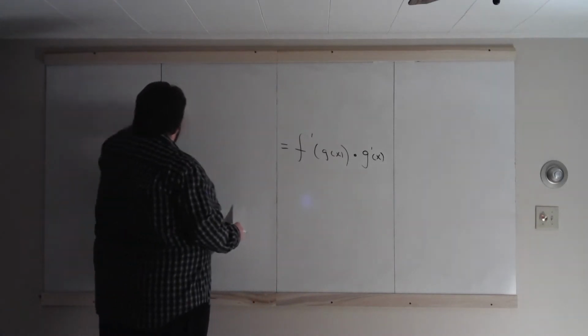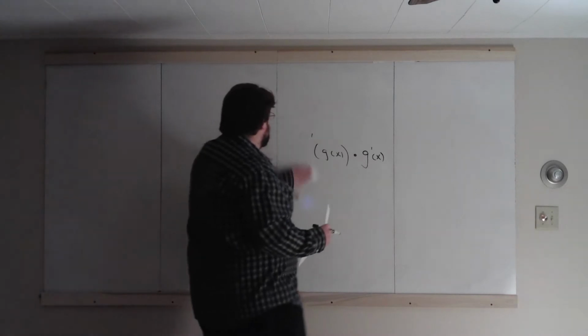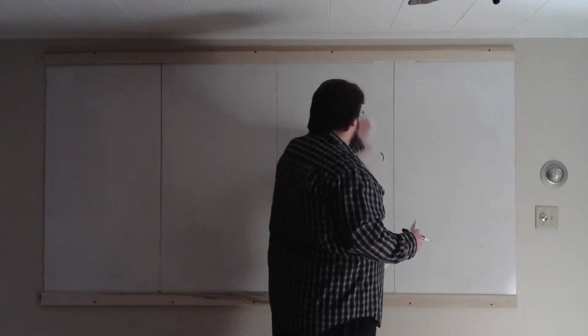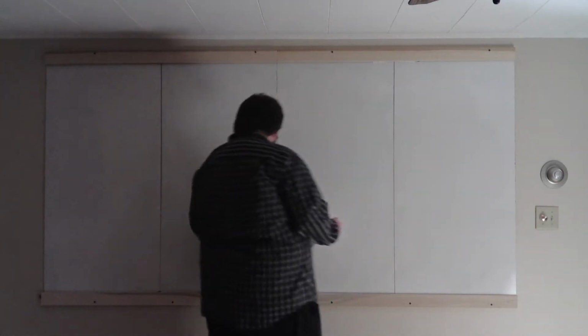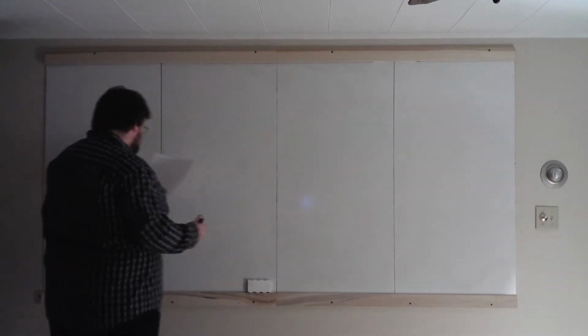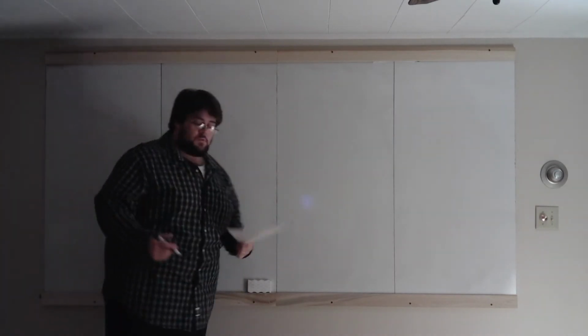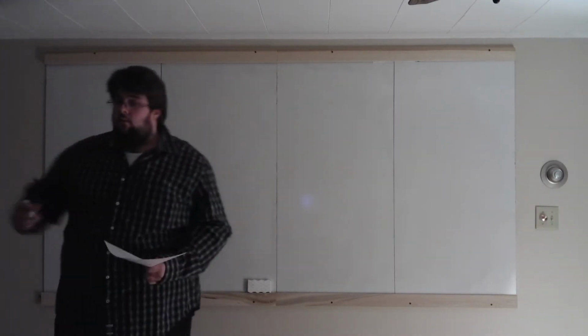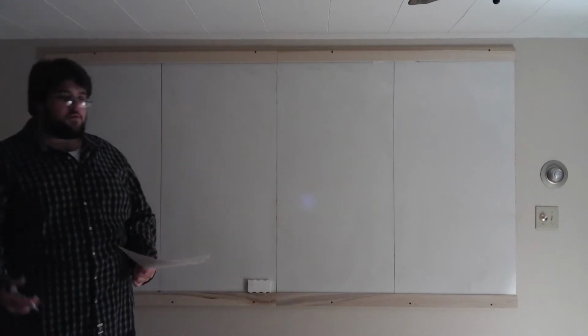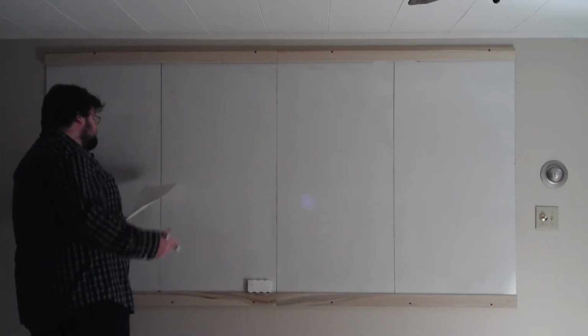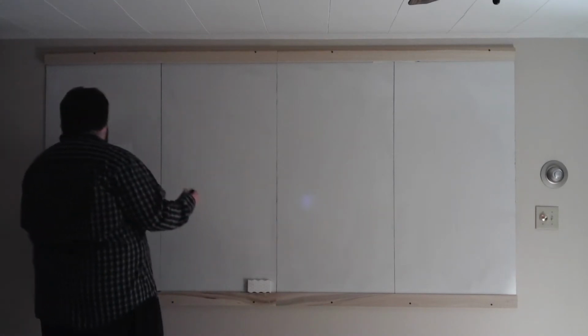And we're going to remember one of the parts of the definition of an inverse function. So remember, the inverse function was defined so that f composed with f inverse equals x, and f inverse composed with f equals x for all x in its domain.